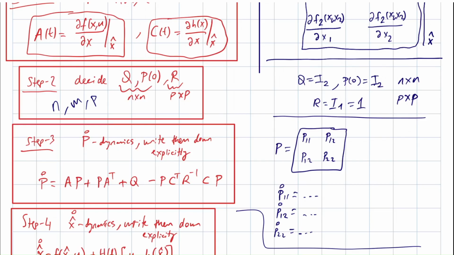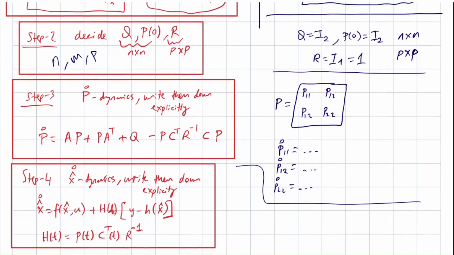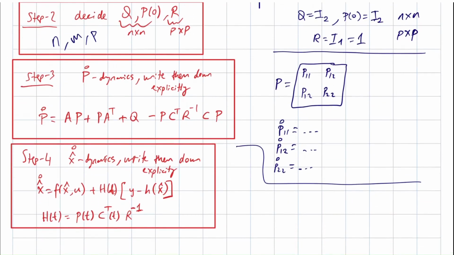Okay, got it. It's all going to make sense. Just take a walk if you have some problems with that, if you have some stress problems. All right. Therefore, X hat dot dynamics, and again, write them down explicitly. And this is again the type of nonlinear observer form that we looked at. And H of t is the only thing that we want to know at this point.